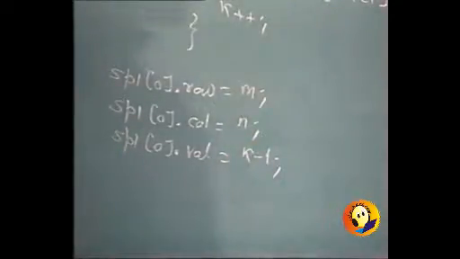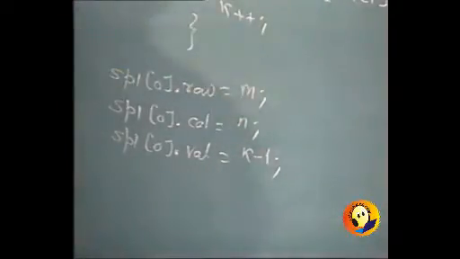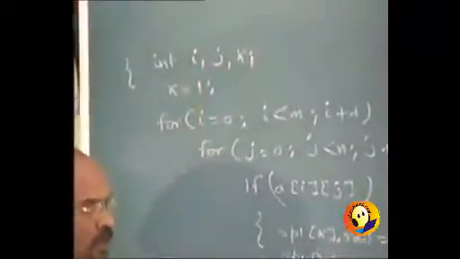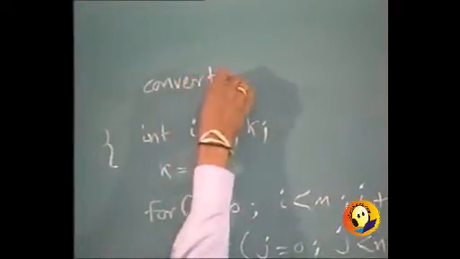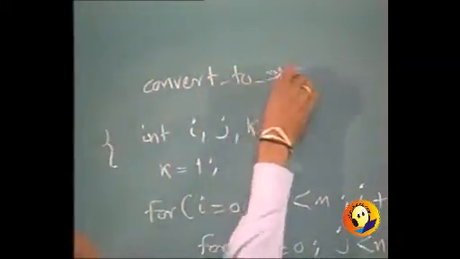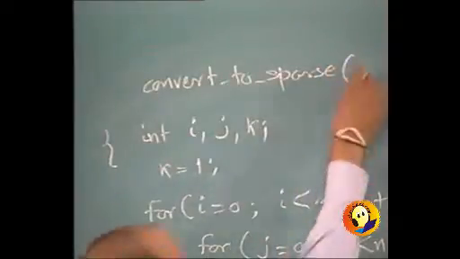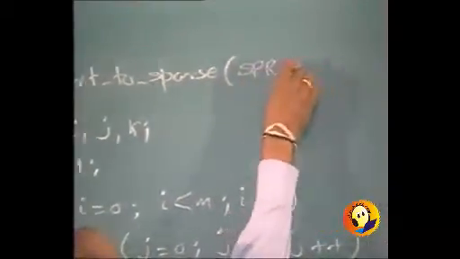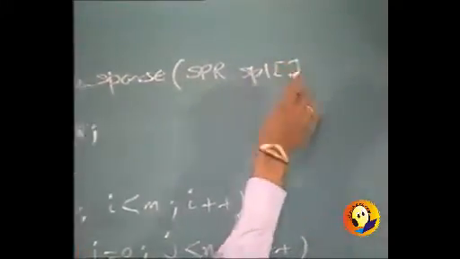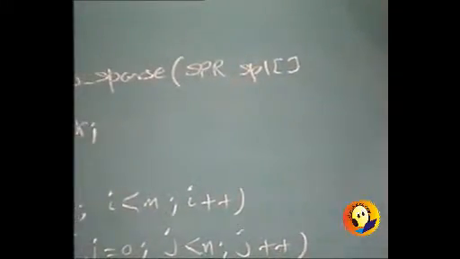And if you have understood this, then the job is pretty simple to convert it to a function form, because now I will have to declare only int I, j, k. Name of the function will be convert to sparse, to which I will be passing the sparse matrix where the result should go. It is always from right to left, right?